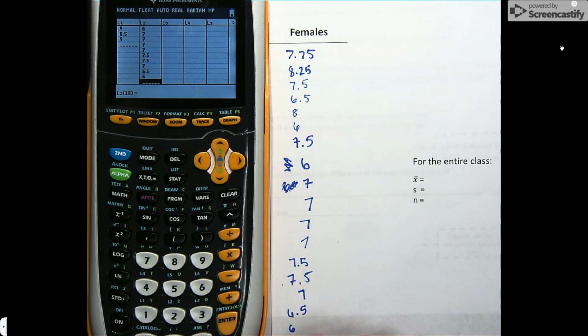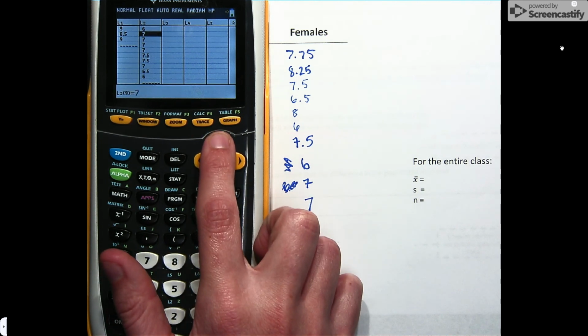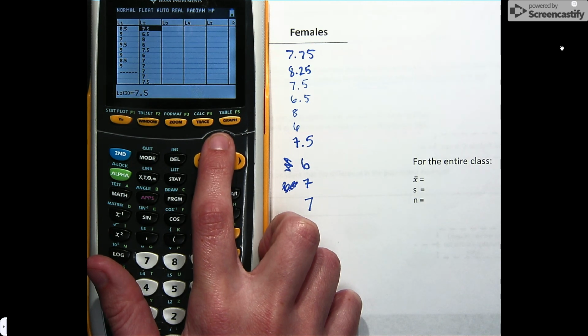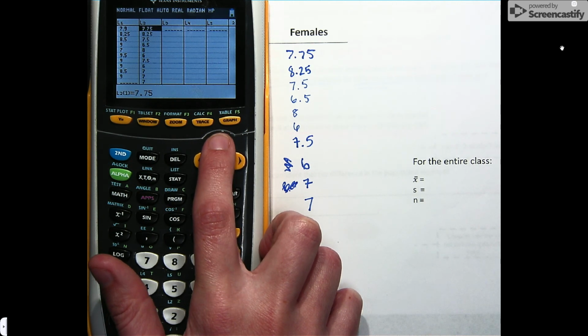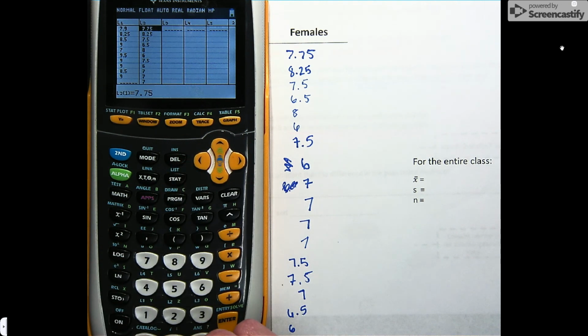I'm just going to make sure I type all of this in correctly. Okay, so type males into L1 and females into L2.